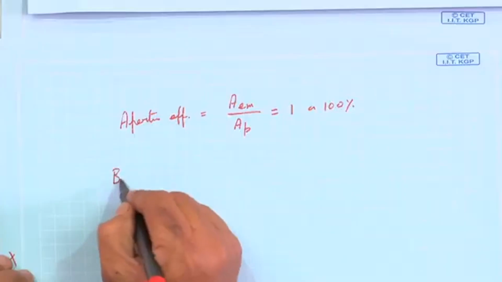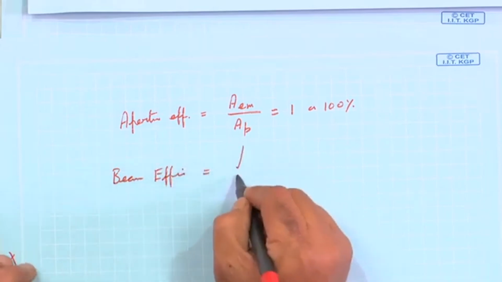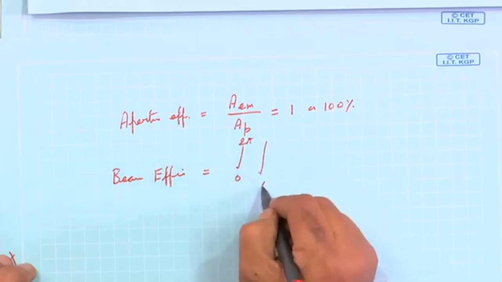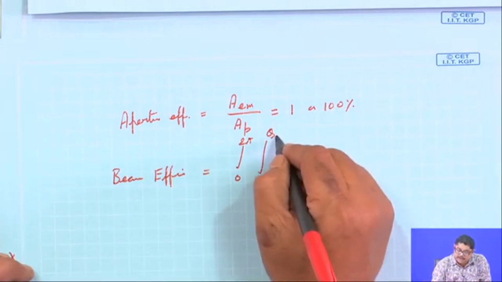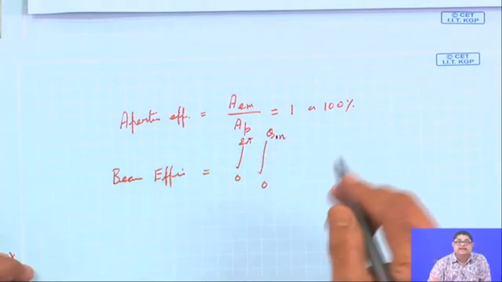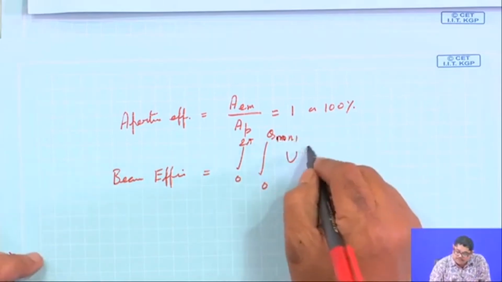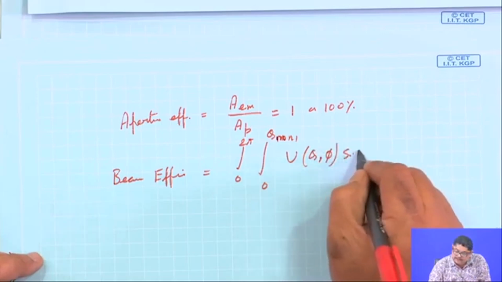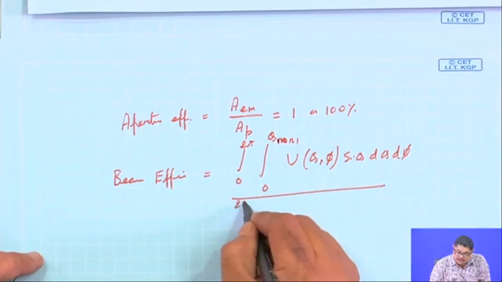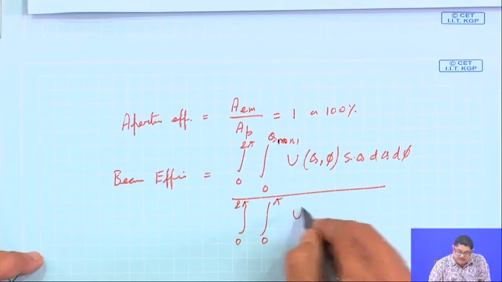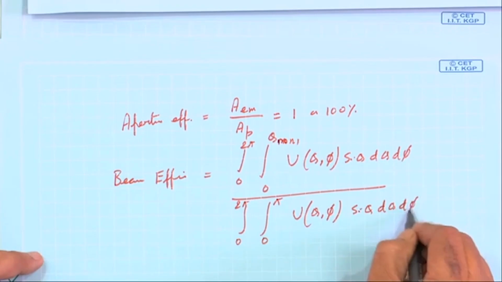So, I can also write beam efficiency, that will be power in the main beam. So, 0 to 2 pi, 0 to theta 1, where theta 1 is the main beam, U theta phi sin theta d theta d phi, divided by 0 to 2 pi, 0 to pi U theta phi sin theta d theta d phi.